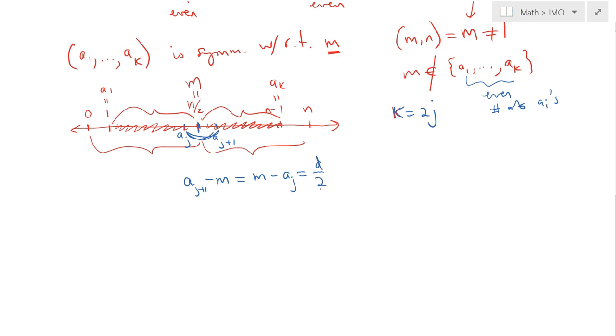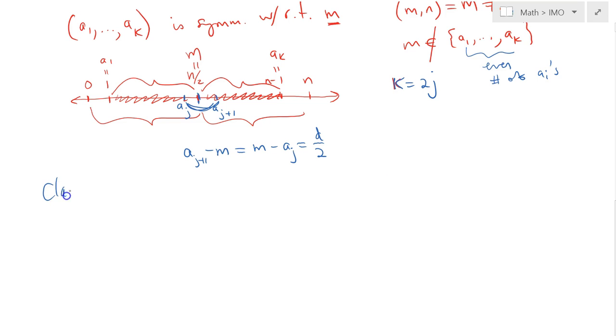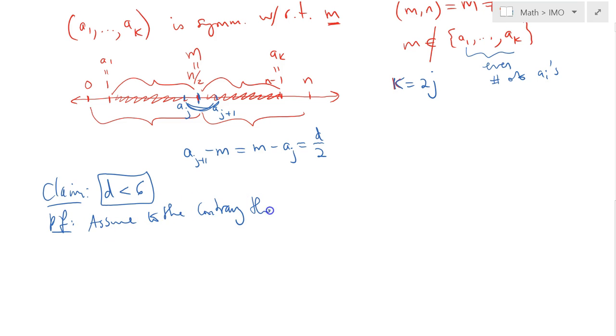Now I make another claim here. I claim that d has to be strictly less than 6, and for a proof, let's assume to the contrary that d is greater than or equal to 6.